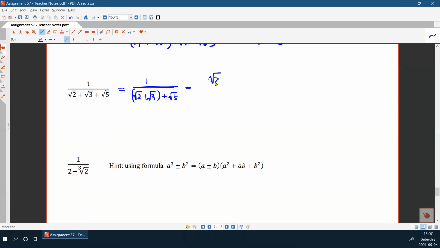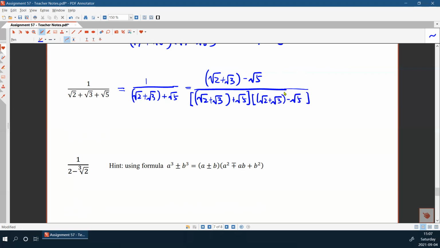So we can multiply this number to both the numerator and denominator, right? This is the first number, and then multiplied by this one. Can you see why?